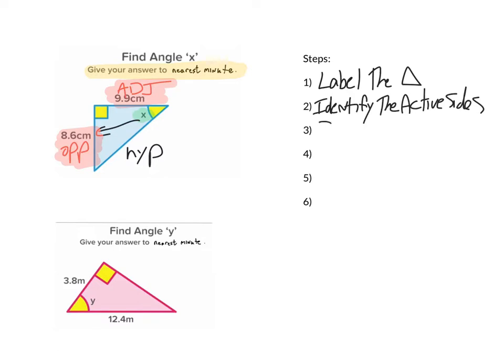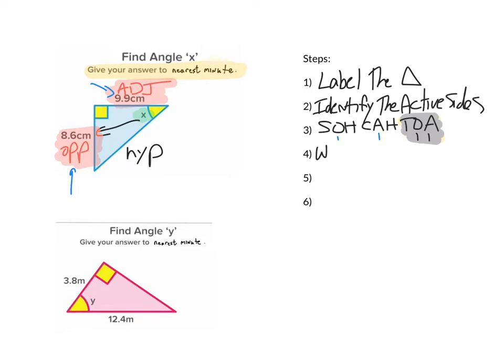Step 3 is to use SOHCAHTOA to figure out which trig function you're using. So here, our active sides are opposite, so we have the O's, and adjacent, so we have the A's. The only trig function that we know both parts for is the tangent.